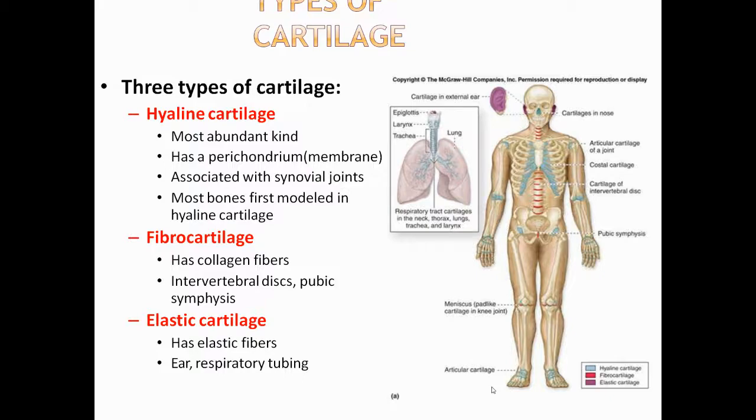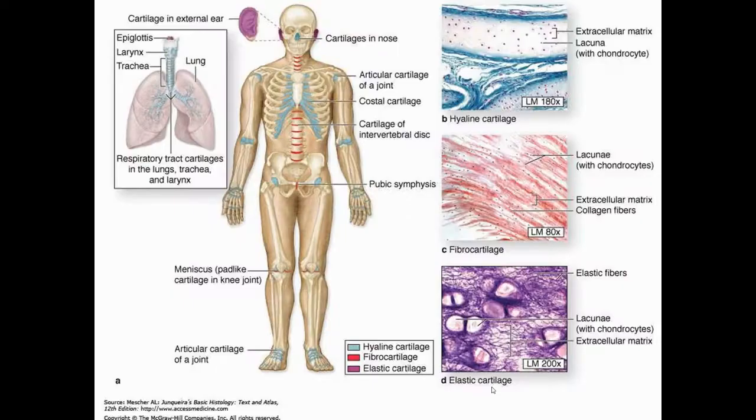So we can see three types of cartilage in our body, found in different parts of the body. We can see here the cartilage in the external ear, cartilage in the nose, articular cartilage found in the joints, and costal cartilage where the ribs are joined.